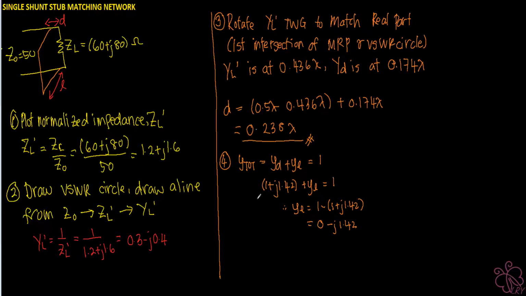Come back here. So step number 5, we're going to rotate YL towards generator to Y short circuit. For the single shunt stub, we're going to use a short circuit stub.